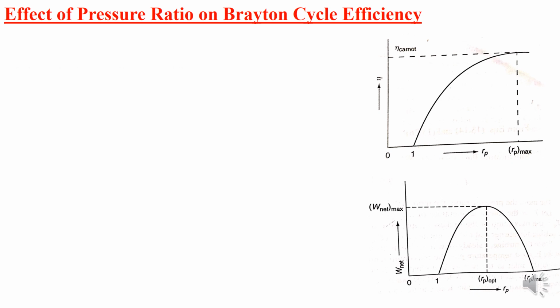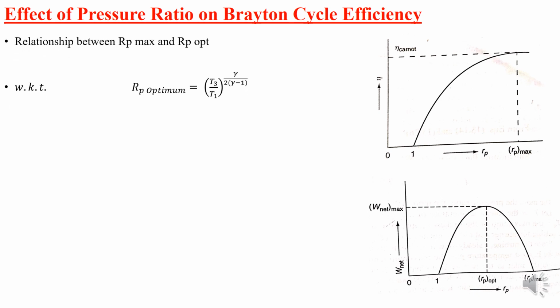So now we have to get the relationship between Rp opt and Rp max. Now you know the value of Rp optimum and Rp max. In both cases we have represented them in terms of T3 by T1. So on the right hand side, what are the common terms? T3 by T1 is common, and the exponent gamma by (gamma minus 1) is common. So now how can you relate? Rp opt is nothing but Rp max to the power 1 by 2.